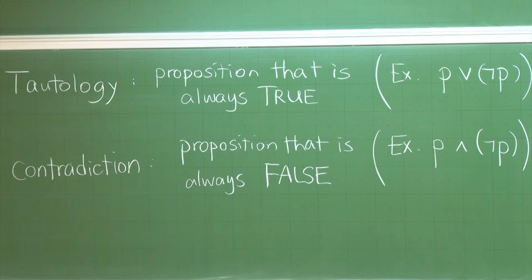Later we will learn some proving techniques called proof by contradiction. In this technique, we assume something is correct at the beginning, but in the end, we arrive at a contradiction, something that is always false.